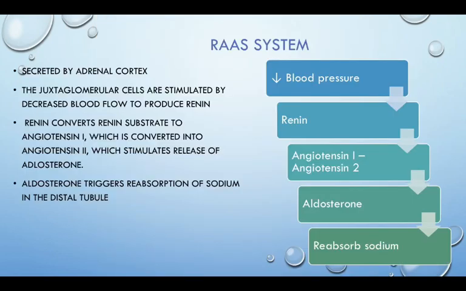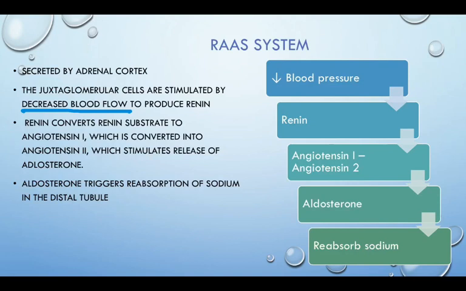Now, the RAS system is a little bit more complicated because it has many steps. But there are two very important concepts about the RAS system. When you have decreased blood flow to the kidneys, I didn't say there's a decreased blood volume.